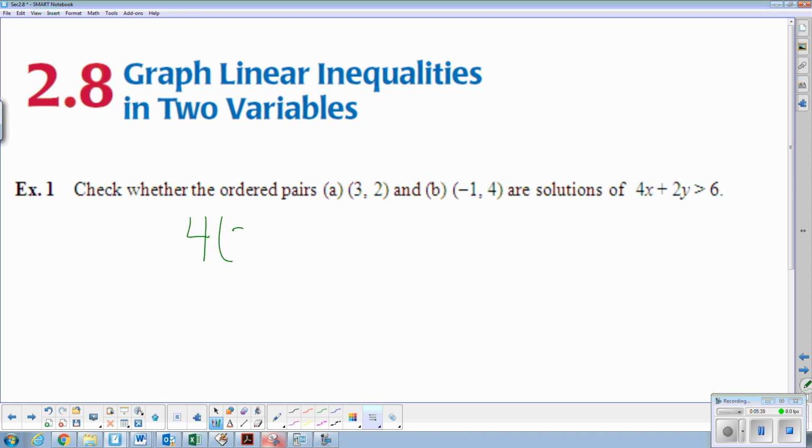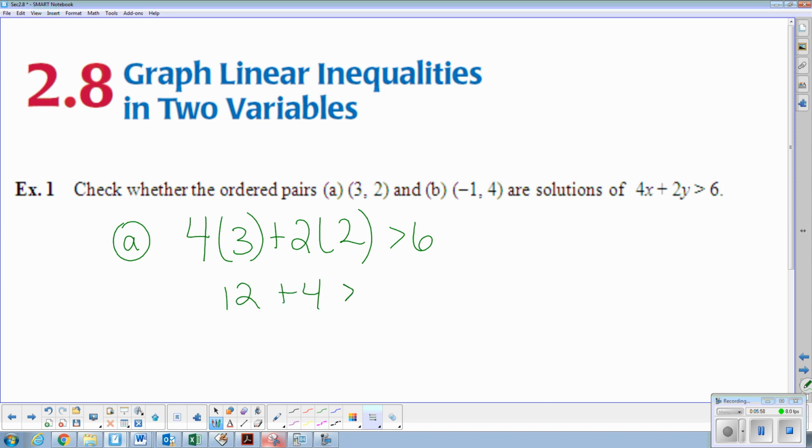So our x coordinate is 3. So 4 times 3 plus 2 times our y coordinate, 2. Is that greater than 6? So this is the first one. 12 plus 4. Yes, that's greater than 6.